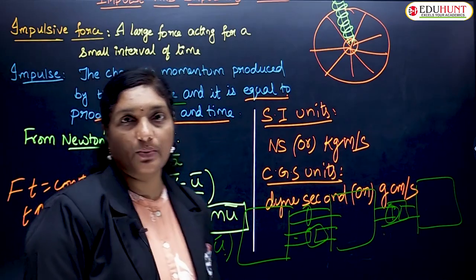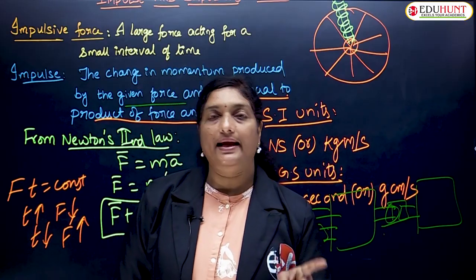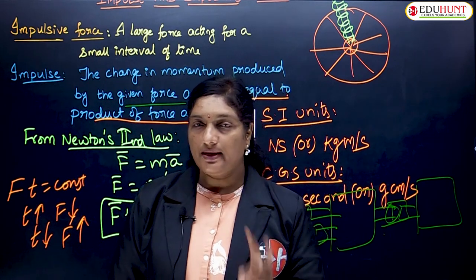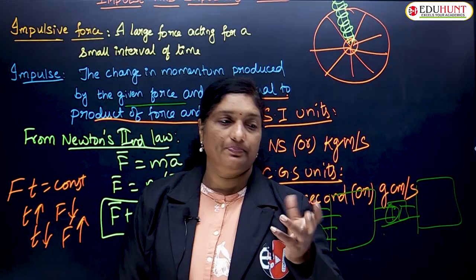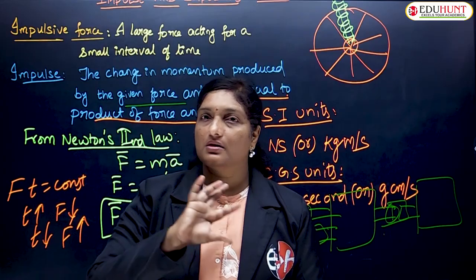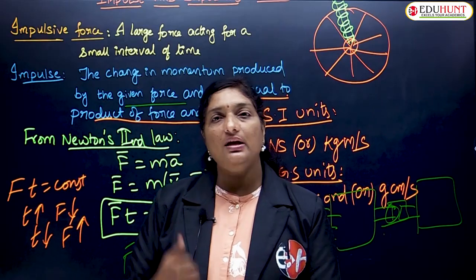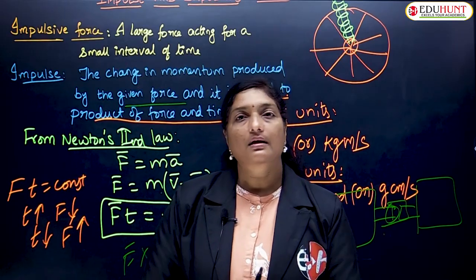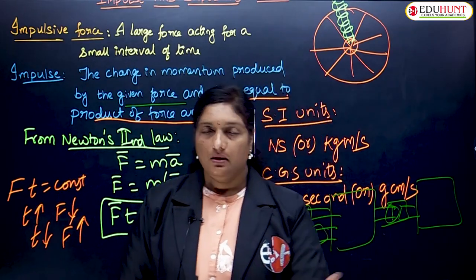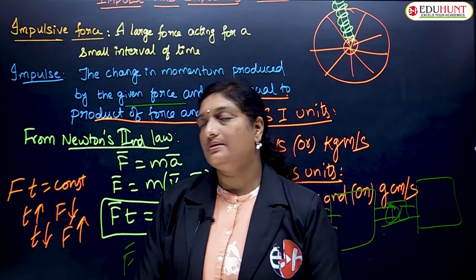A few examples we have also discussed. What are the examples, children? The first example was a nail hit by a hammer, a cricket ball hit by a cricket bat. Next, chinaware or glassware wrapped in hay-like structure or paper pieces, and also buffers used between the engine and bogies, and shock absorbers in any vehicles: car, bike, scooter, truck, bus, anything, to reduce the impulsive forces.